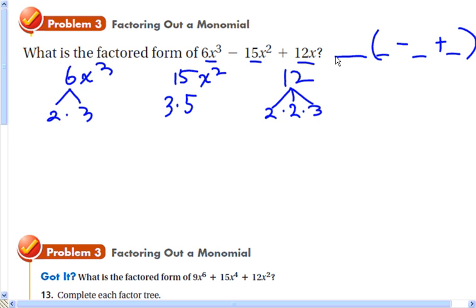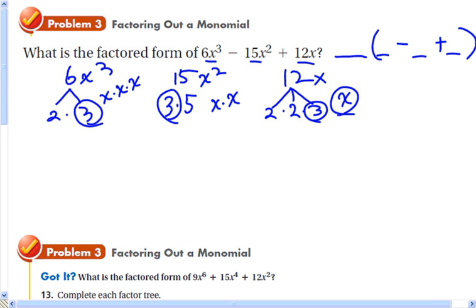And then in x we just have one factor of x. So if we think about all that put together, here having three factors of x, here having two factors of x, and here having one factor of x, the factors that they all have in common, they don't all have a 2, so we're not going to use that one. They do all have a 3.